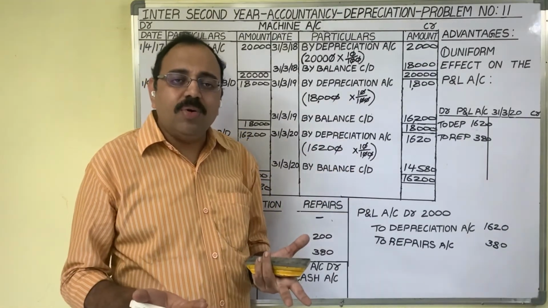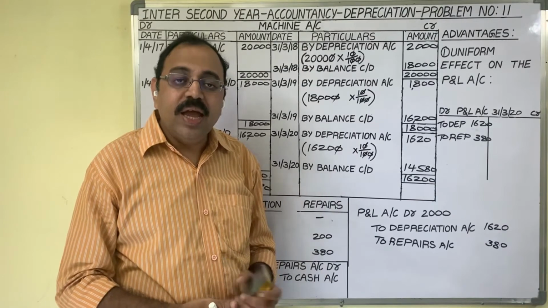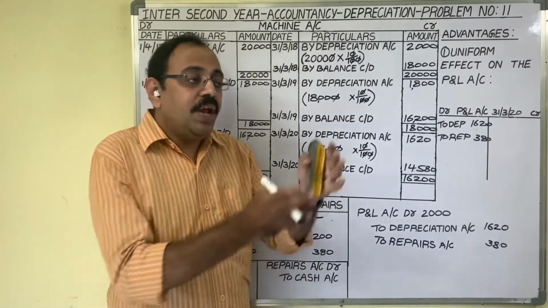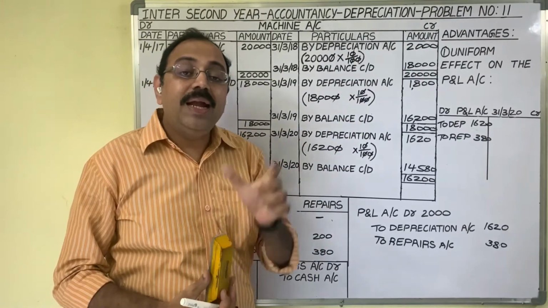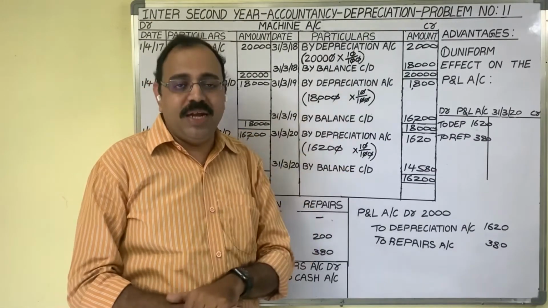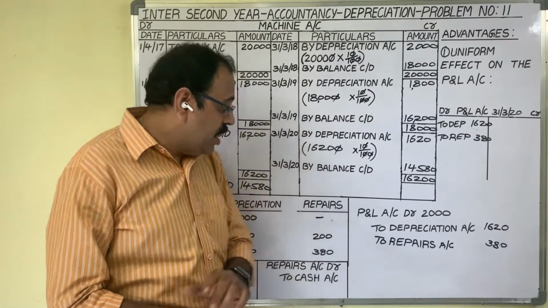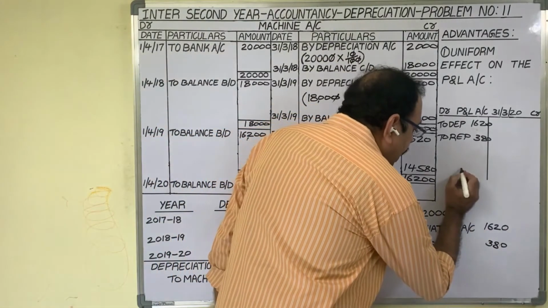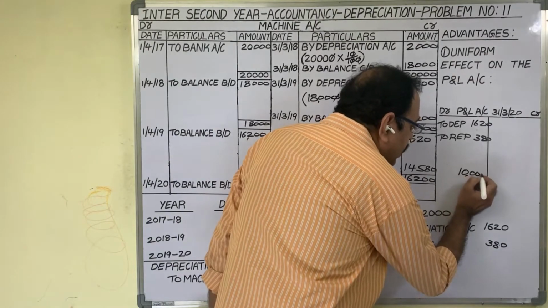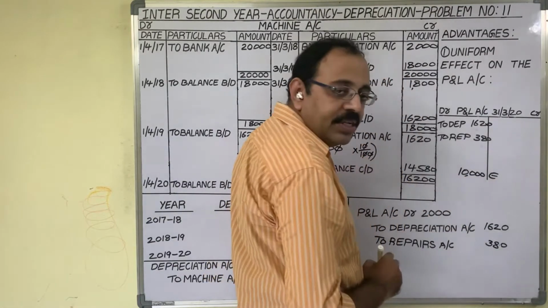You may get one doubt. What is the advantage in this? Advantage here is when uniform amount is debited to P&L account, it doesn't affect the profitability. For example, in first year we are showing 10,000 rupees as expenditure.